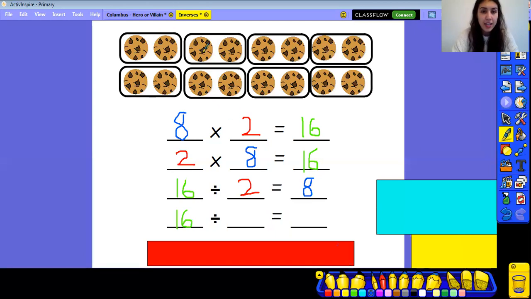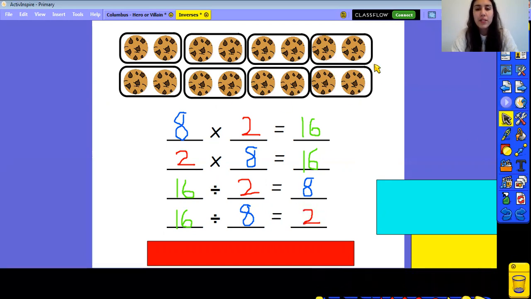They've been shared between how many groups? Well, they've been shared between 1, 2, 3, 4, 5, 6, 7, 8 groups. They've been shared between 8 groups, and then that gives us how many cookies inside each group. That's right, that gives us 2 cookies inside each group.